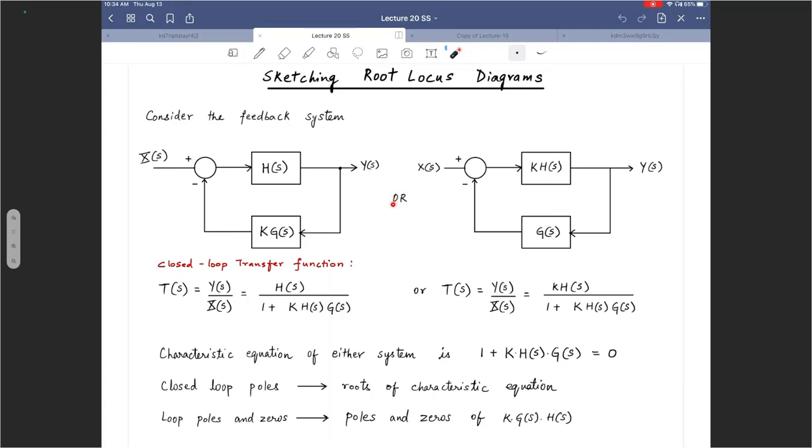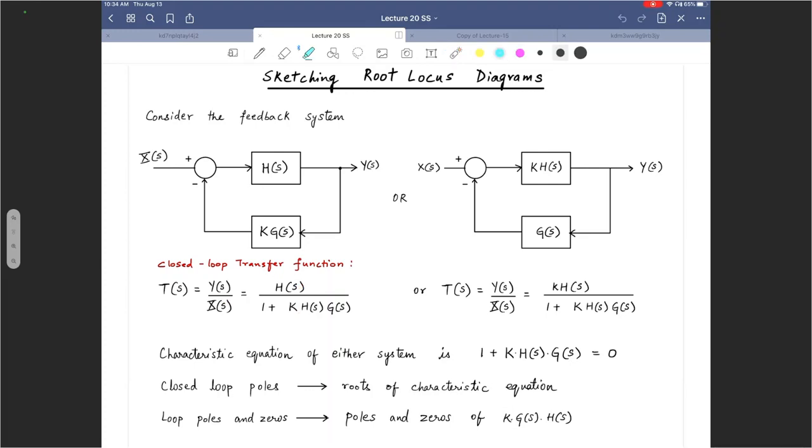Are we back? Okay. So we have on the left a feedback system whose closed loop transfer function is determined as t of s, which is y divided by x, and these are all represented in the Laplace domain, forward divided by 1 plus product.